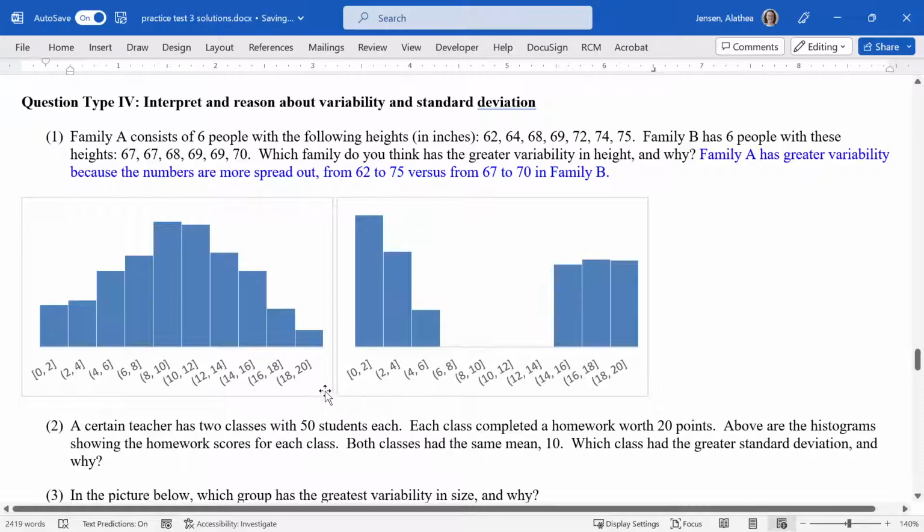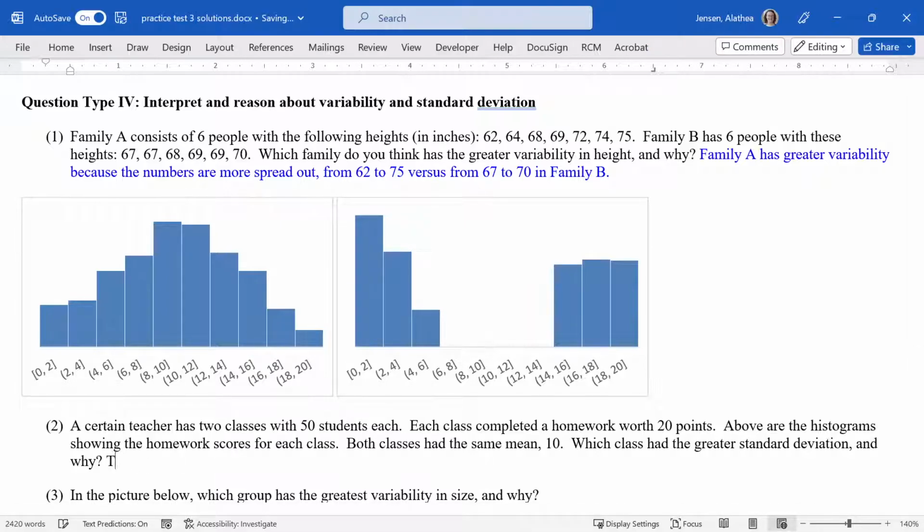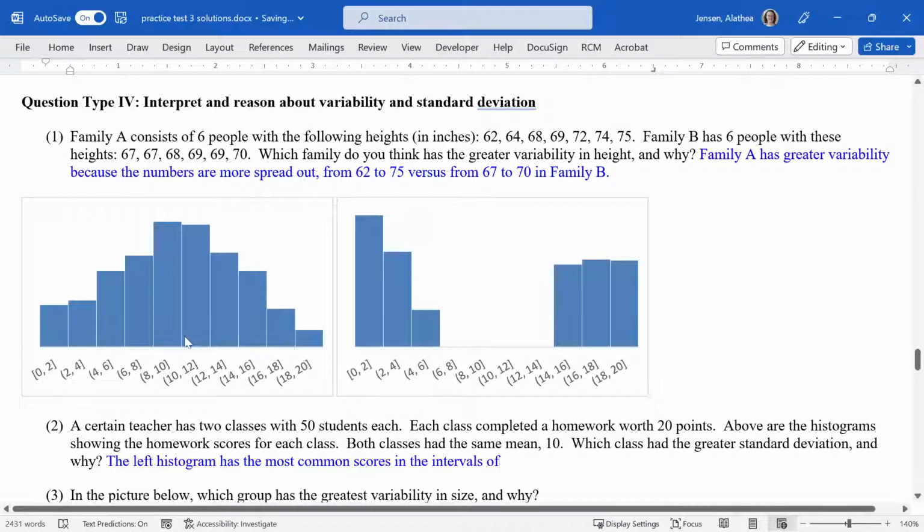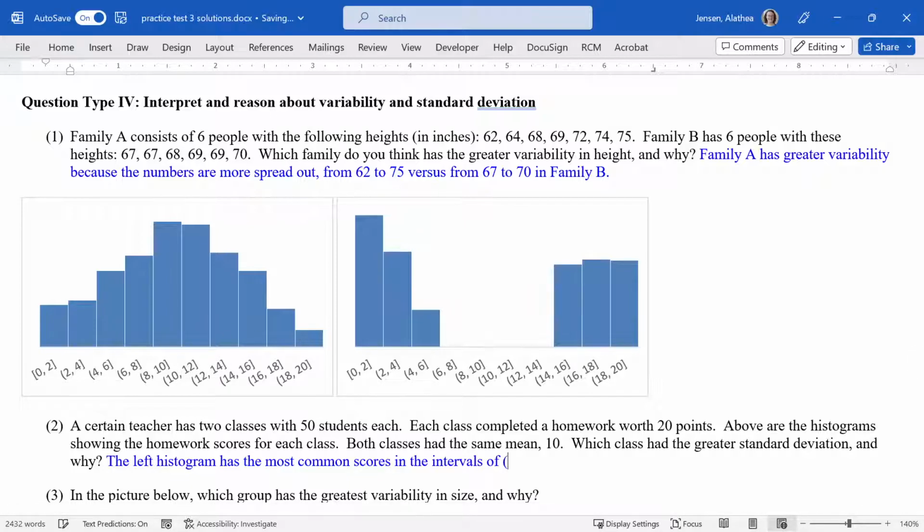So if we look at the left histogram, it has the most common scores in the intervals, so the 2 highest columns here were from 8 to 10 and 10 to 12.